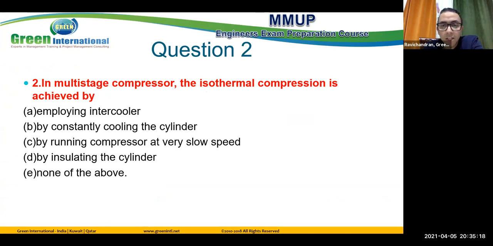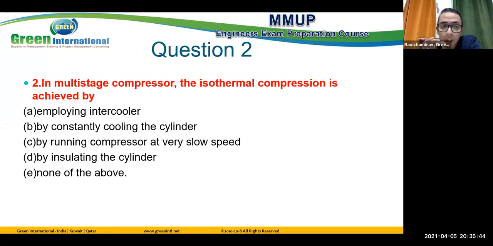Multi-stage compressor, the isothermal compression is achieved by, this famous question, by running compressor at very slow speed.